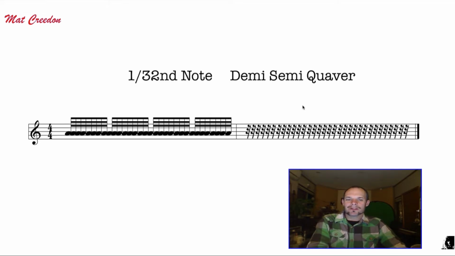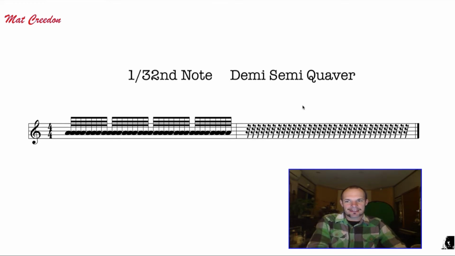Now here are 32nd notes. Now we do have smaller divisions than 16th notes, and don't ever really worry about this rhythm. You'll hardly ever see 32nd notes. Basically it means that there are going to be 32 notes in the bar.